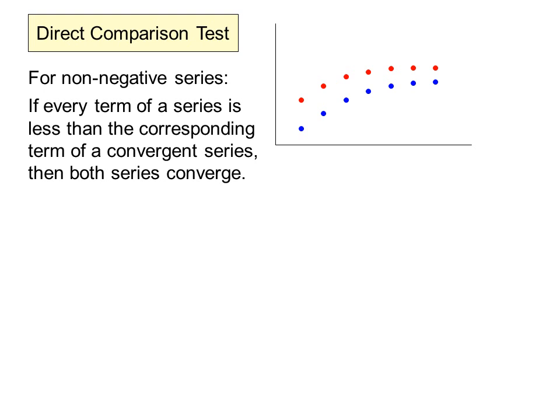In this illustration, if the upper series, represented by the red dots, converges, and every term in the lower series, represented by the blue dots, is less than the corresponding term in the upper series, then this series must also converge.